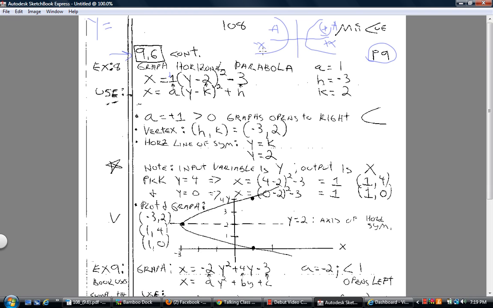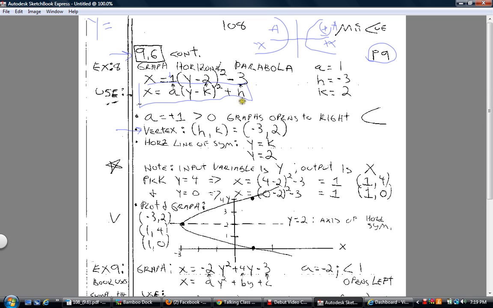Now, with that said, the best thing to do is practice writing down the graphing form of a horizontal parabola: x equals a times the quantity y minus k squared plus h. The good news is your vertex is still going to be h comma k. That doesn't change, but look at the positions.